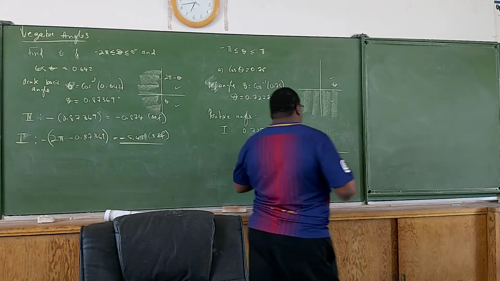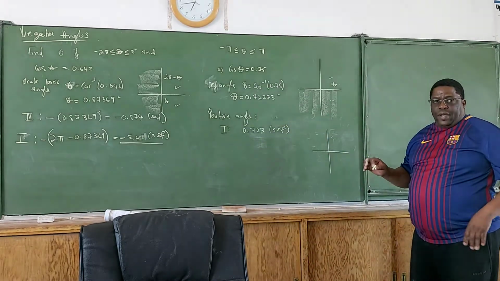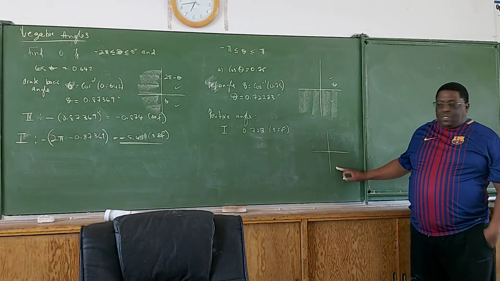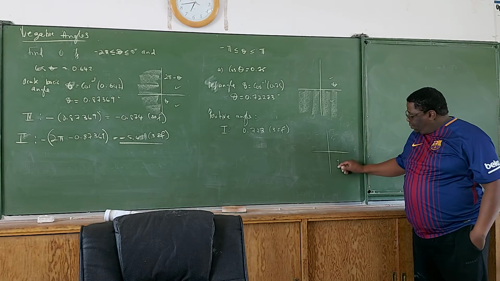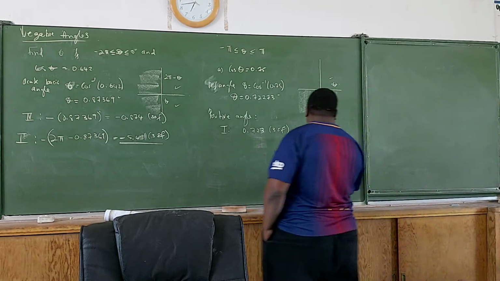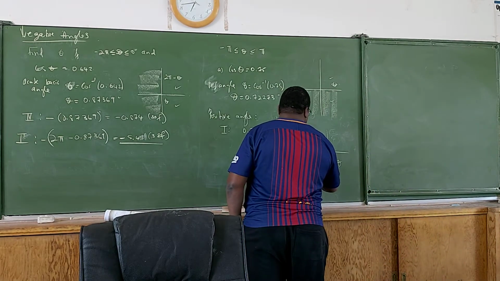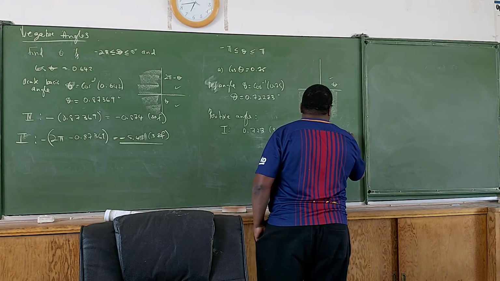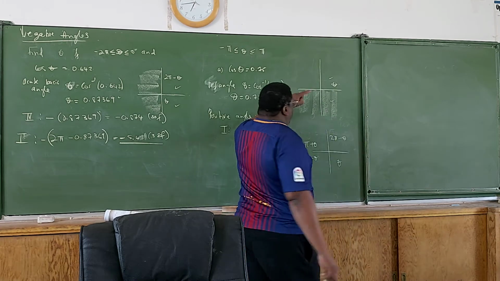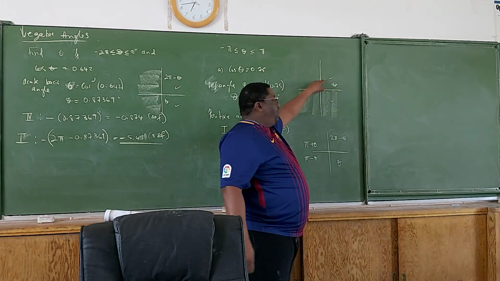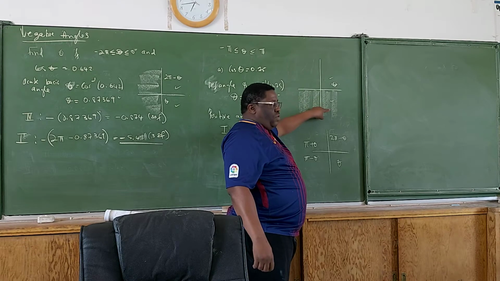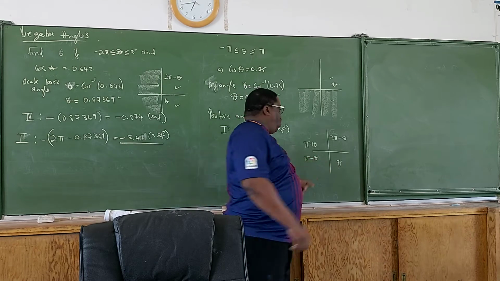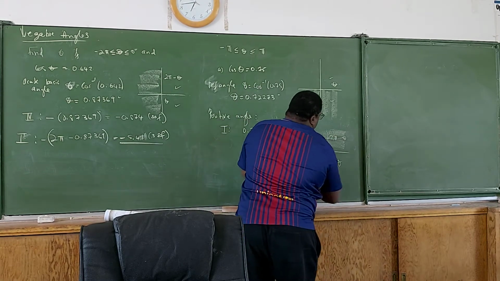But if I look at my negative one, remember we start here, this is going to be theta. But we know that our value is going to be in the first and in the fourth quadrant. So we consider then this quadrant. You follow? All of these others are not in the domain, so we don't consider them.